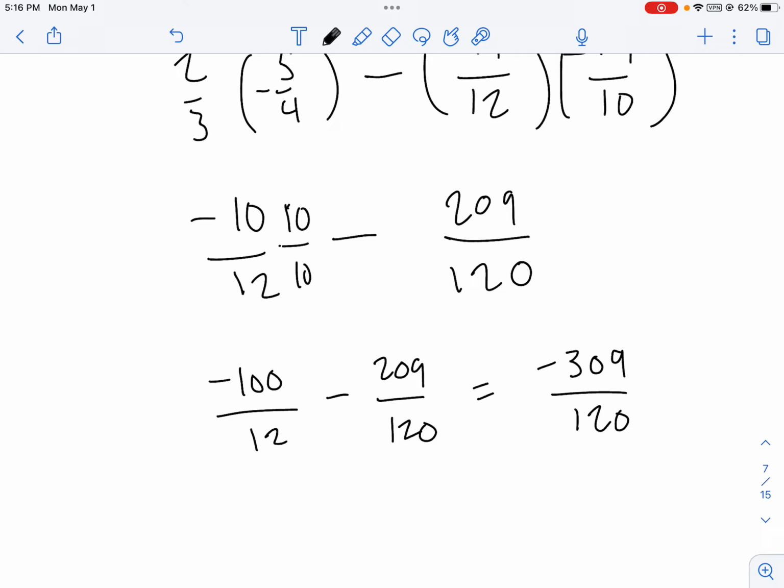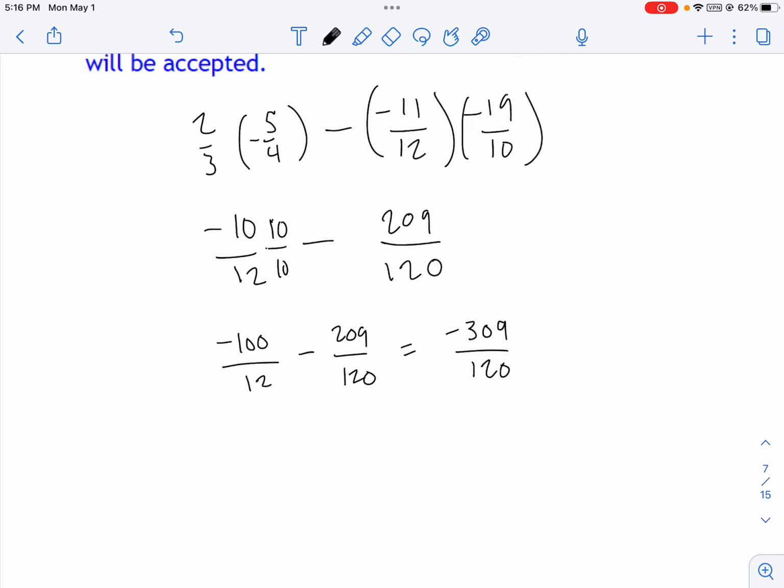And then once you have -309 over 120, it's just a matter of checking, does it simplify? And this one, it does. There's actually kind of a sizable number that goes into both of these. Well, sizable being relative. 3 is going to go into this, right?